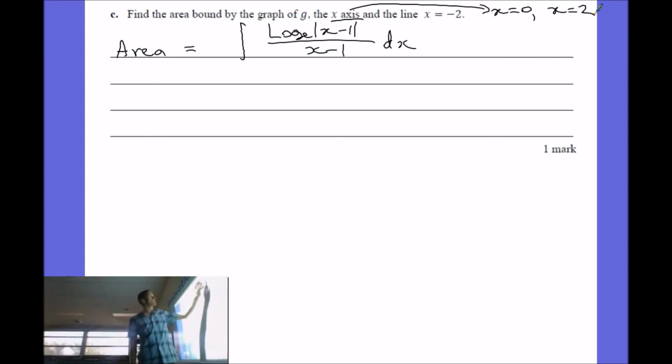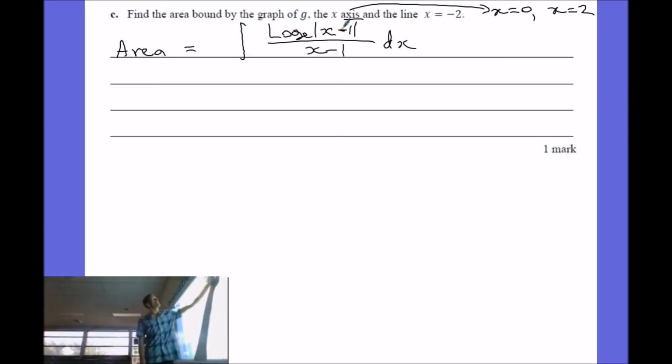So the graph is going to move over to the left, which it will because it's got the modulus sign. When x is in the negatives, the modulus here makes it positive overall, so the log of that will be real.